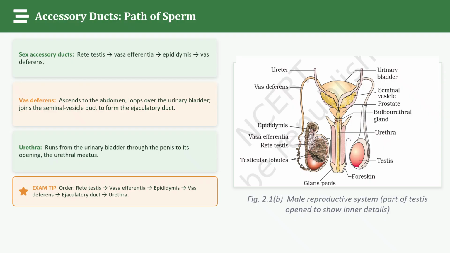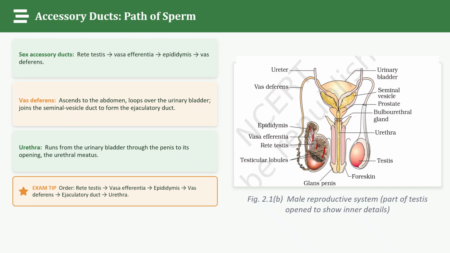Accessory ducts, the path of sperm. Before entering into this, let us study the male reproductive system. Here you can see the male reproductive system diagram. This is the testicular lobules, then the rete testis, then vasa efferentia, and epididymis.